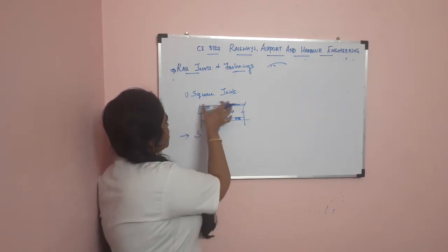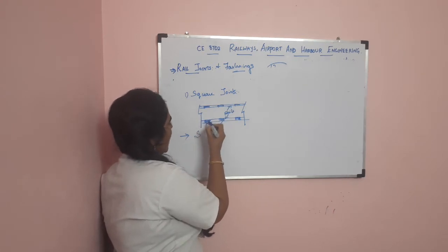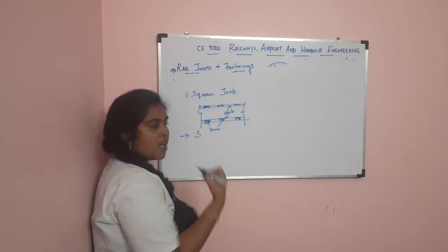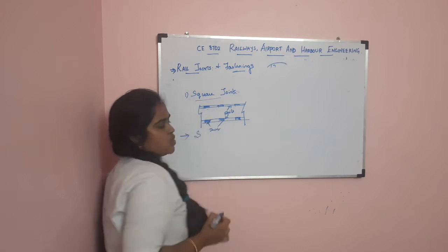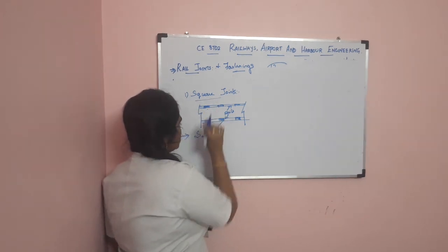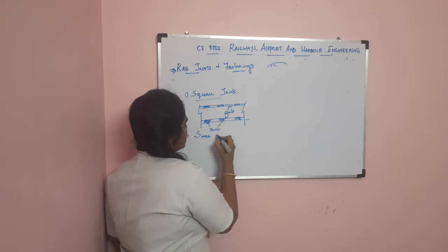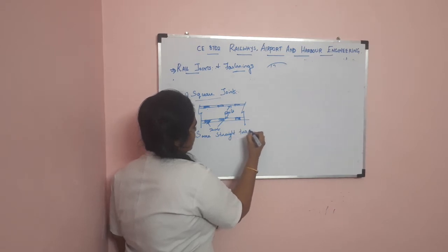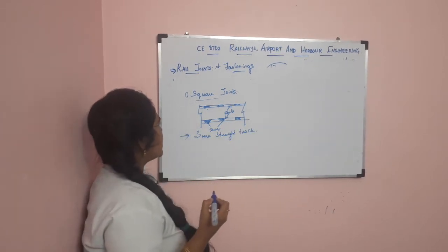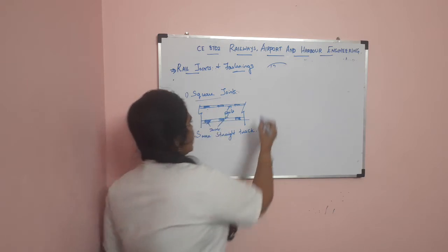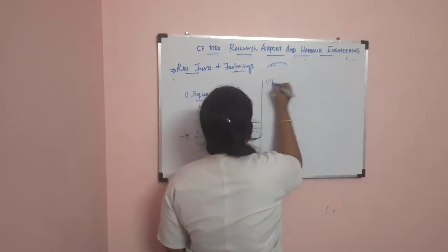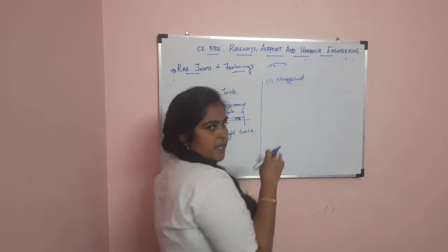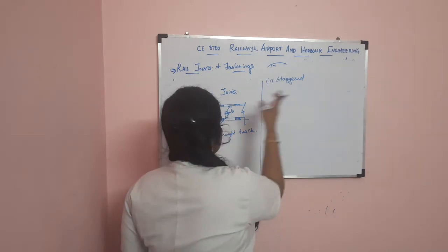In this square joint, one joint is exactly opposite to the joint on the next rail, which is known as a square joint. This square joint is mainly used on the same straight track. Next joint is staggered. Nowadays many tracks are making use of these staggered joints.